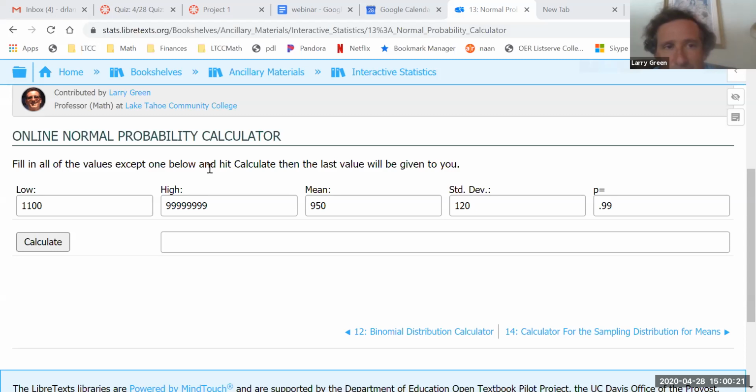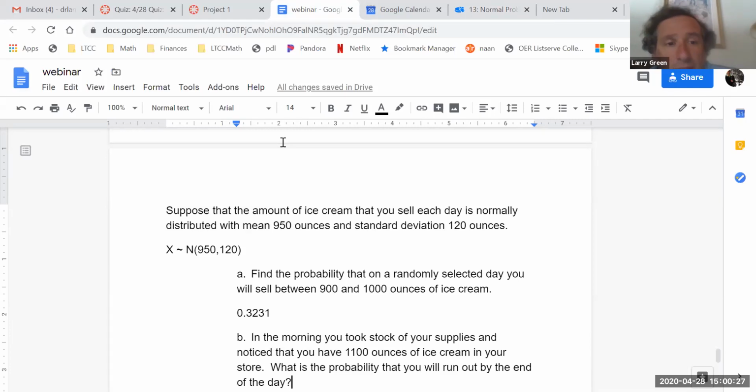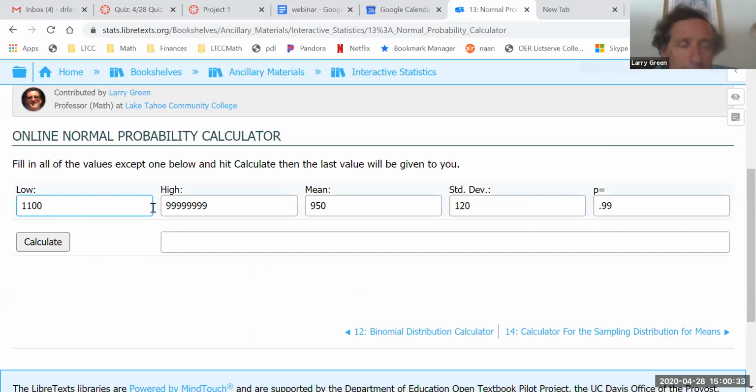That means, and again, to not run out, we know the mean is 950, right? So let's write this out. To not run out means that our demand was low. We don't know what the high is, but we can call the low to be negative 99999. Any questions on that?